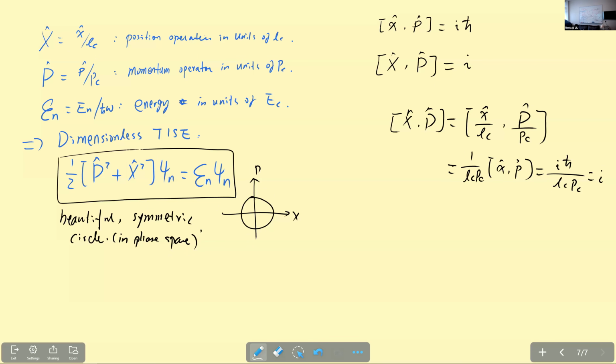And also, if you write this one as an operator like this, then similarly you should have this one.